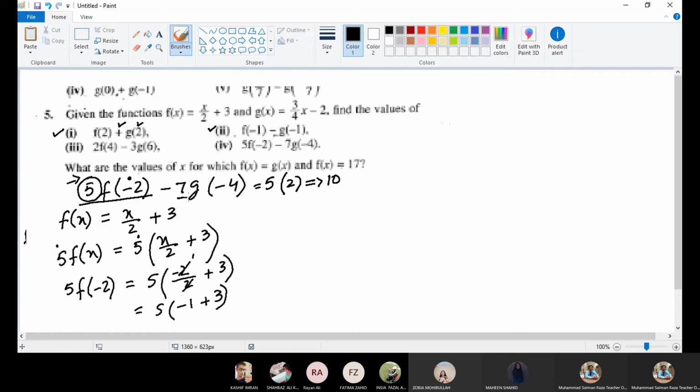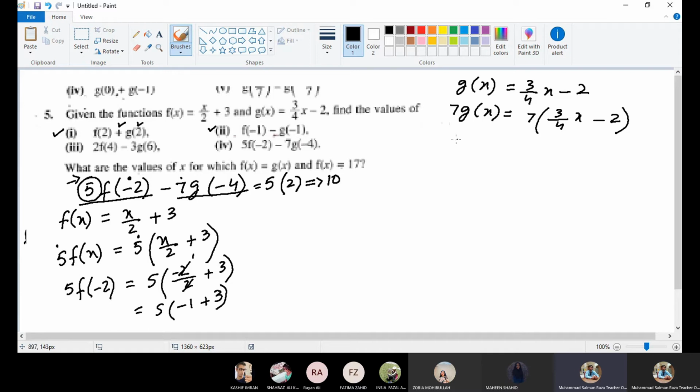Now I am going to solve 7g of minus 4. So how will I start solving it? Look at it. The original function of g is 3 upon 4x minus 2. So over here it's mentioned 7g. So I'm going to attach 7 at both ends, and it is going to be like this.